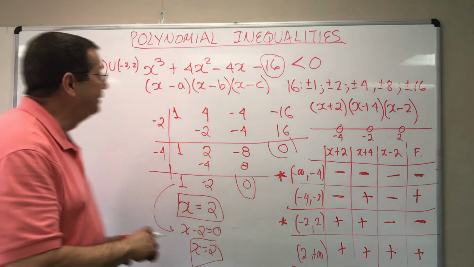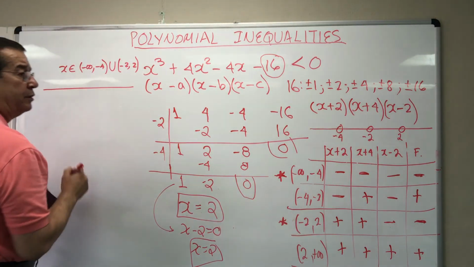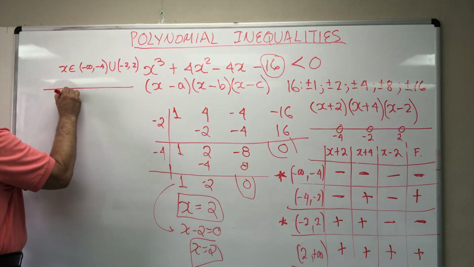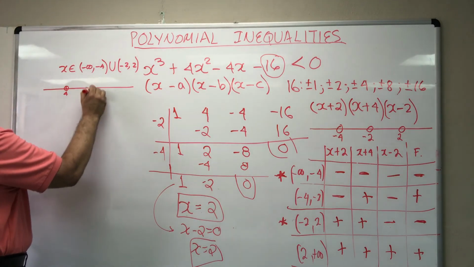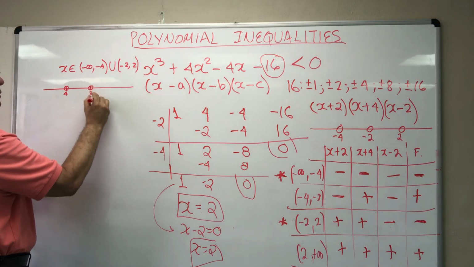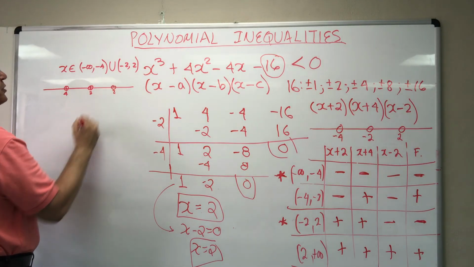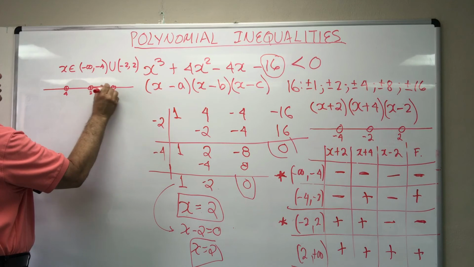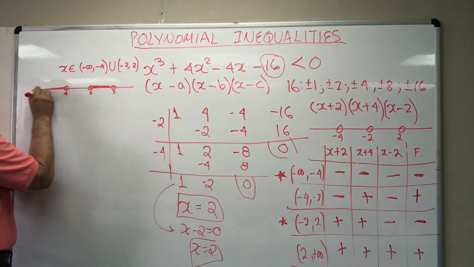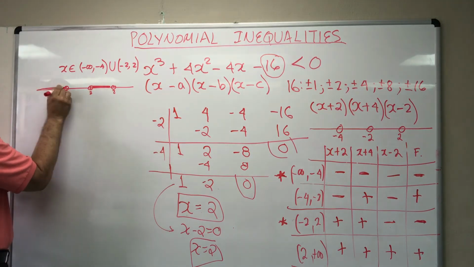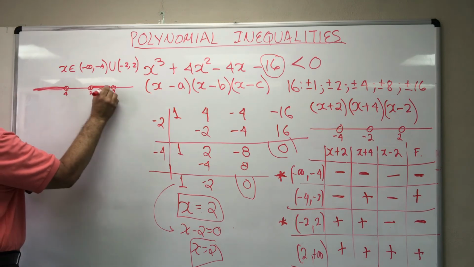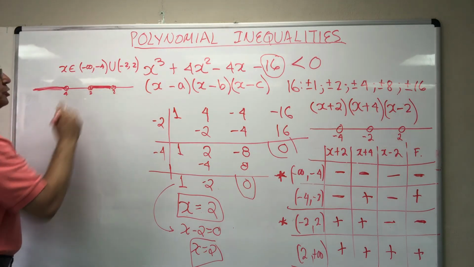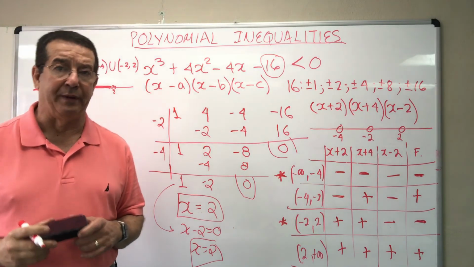And graphically, you write this: negative 4 is open, negative 2 is open, and 2 is open. And the solution is this, and this is below the solution. You graph the solution like this. This is the solution of my problem.